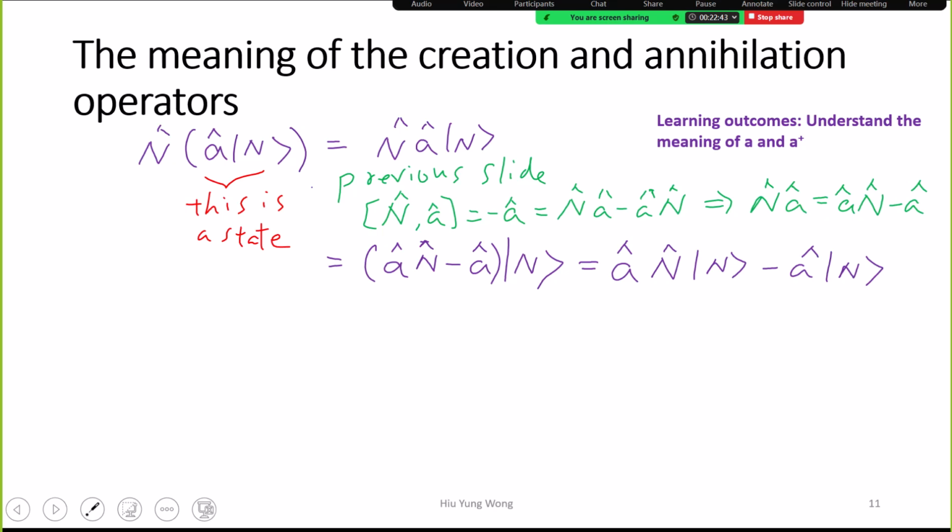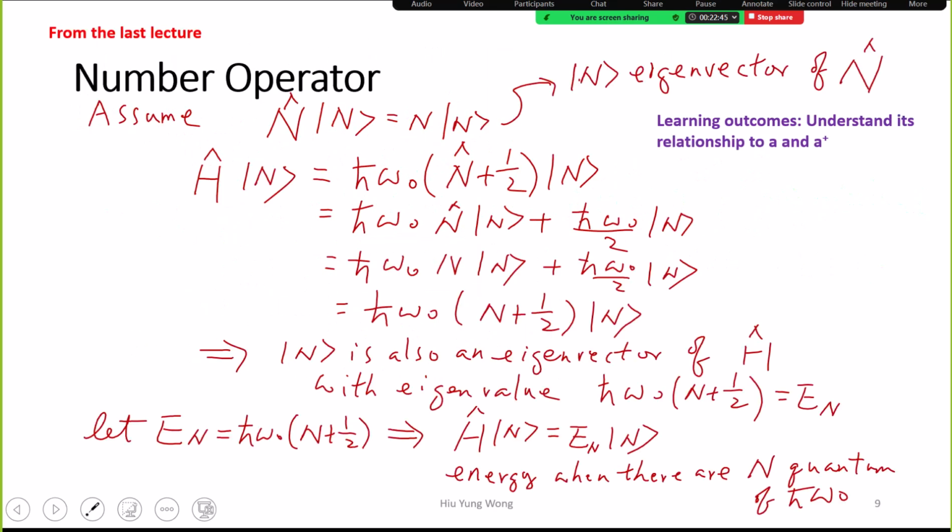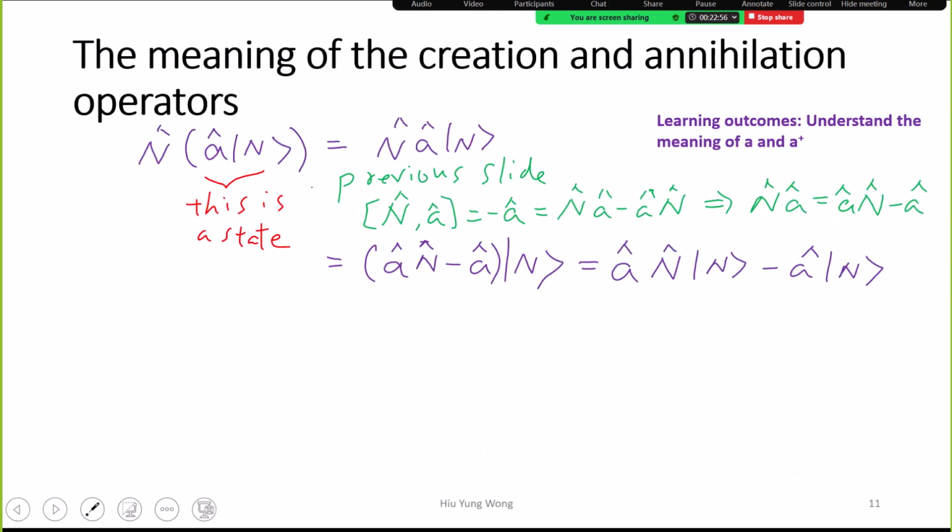Because we assume that capital N is the eigenvector of this N operator, it equals NN. So this equals A hat N N. The only difference is that this was an operator, now it becomes a number.